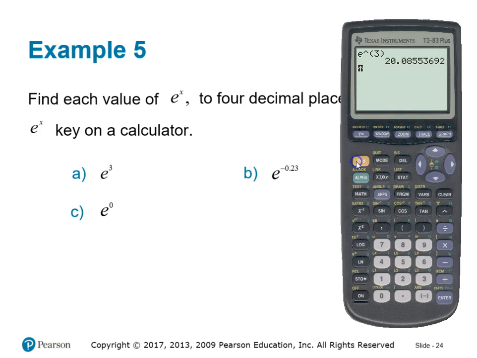I'm going to go second, and then right above the ln, next to the 4, there's my e to the whatever power, and I'm going to say negative 0.23, and that's going to give you 0.7945.